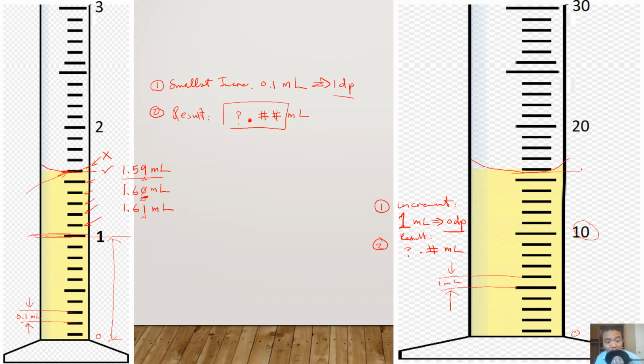Do you remember now the smallest increment is not 0.1, it's 1. So let's read it. This is 10. That's not 10.1, that's 11. 11, 12, 13, 14, 15. So it's between 15 and 16.